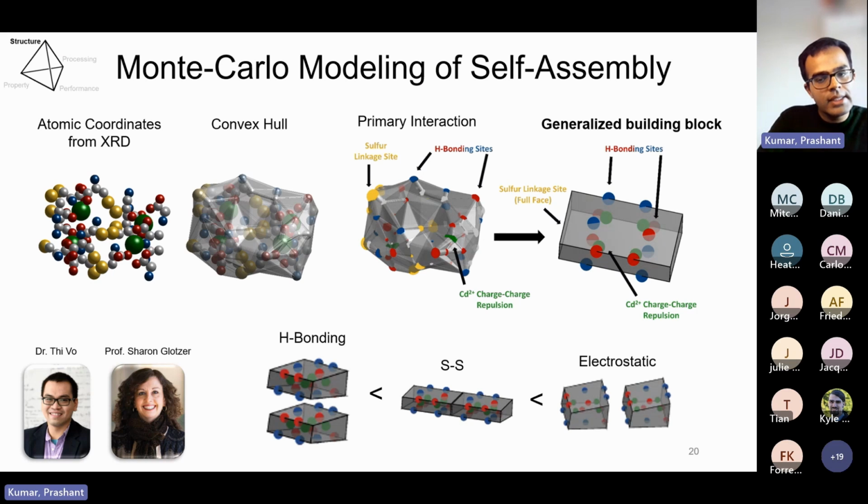So they identified 3 sites: the hydrogen bonding present in the system, the covalent bonds, that are the sulfur-sulfur linkages, and how strong they are, and the charge interactions present in the system between the cadmium atoms and the oxygen atoms that I have been using during my synthesis. And they found that the electrostatic interactions are pretty strong and have the most effect on the final structure that forms, the bow ties.